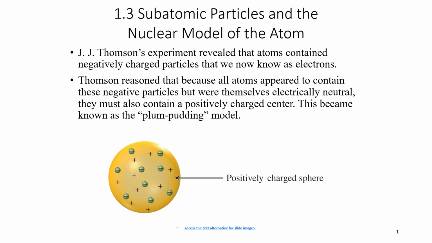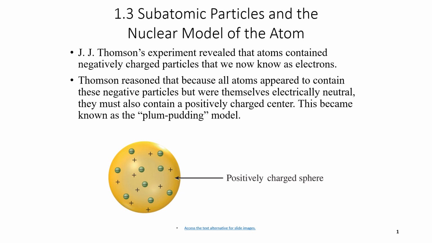The first experiment that yielded results toward this was the J.J. Thomson experiment that revealed the fact that atoms contained these charged particles, and they were negatively charged, and they were called electrons.